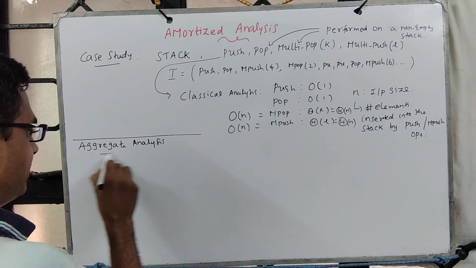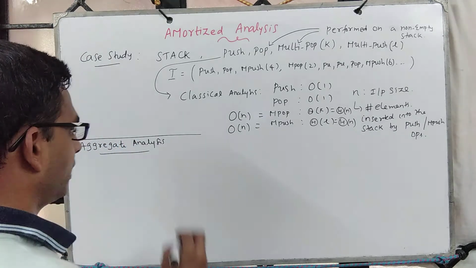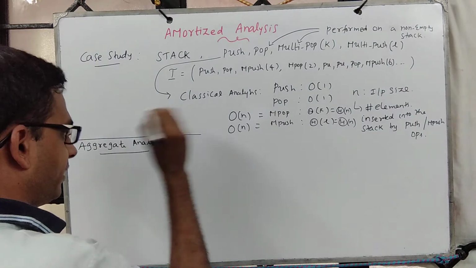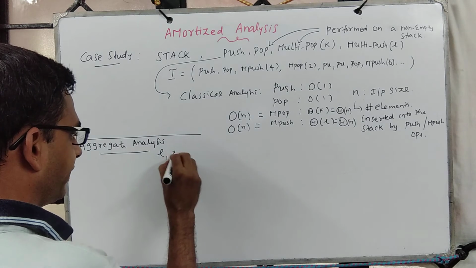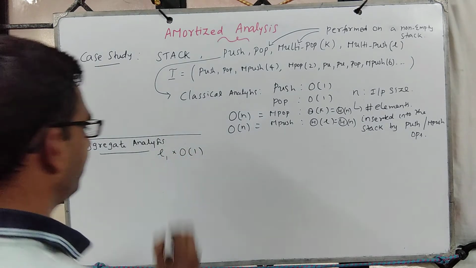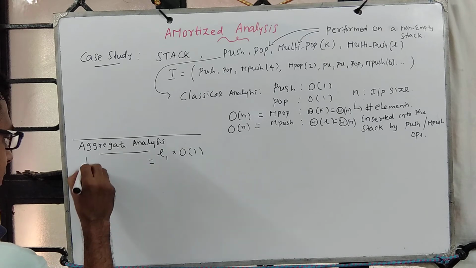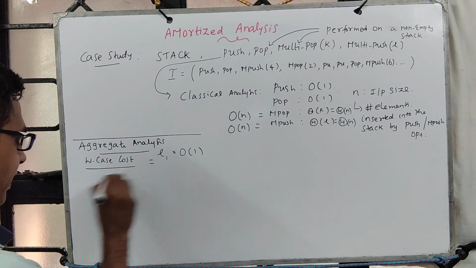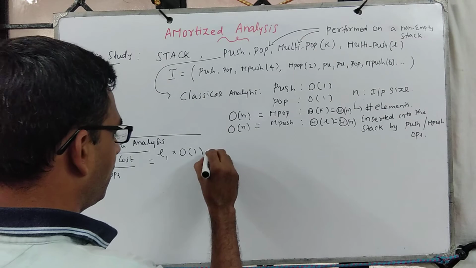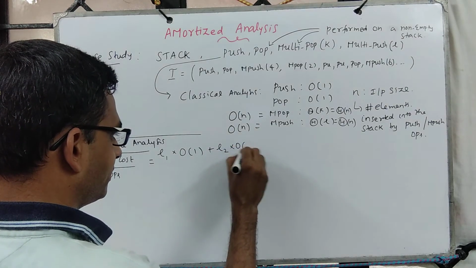Using aggregate analysis, let us see what the cost is. Like the way we did before, we don't know how many push operations are happening. So L1 into this, and aggregate analysis is a simple average, right? So the worst case cost divided by the number of operations. We don't know how many push or pop are happening, so it is this.